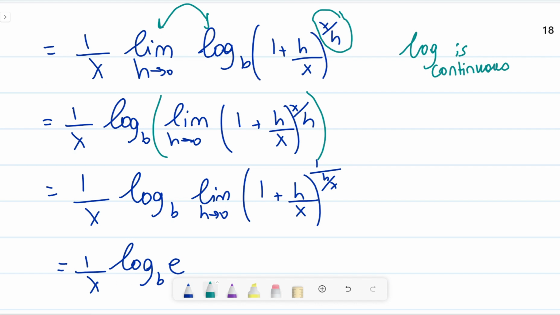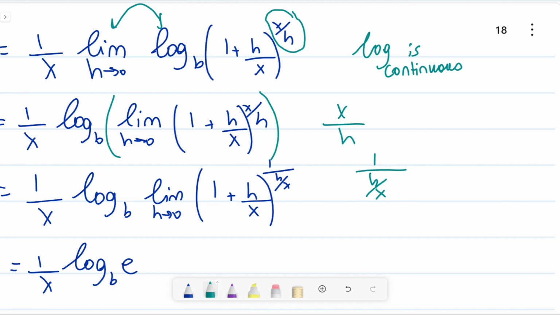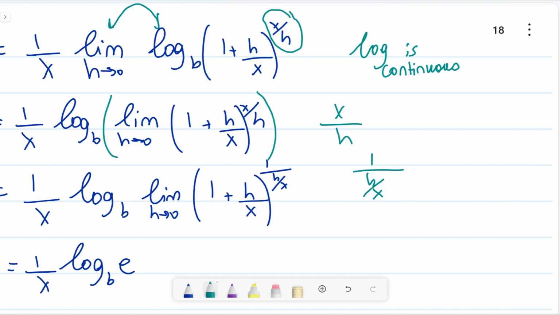And now, the exponent, I will work with it. x divided by h is the same thing as saying 1 divided by h divided by x. Just to show you, 1 divided by h divided by x is 1 times x divided by h, which is x divided by h. So they are the same thing.